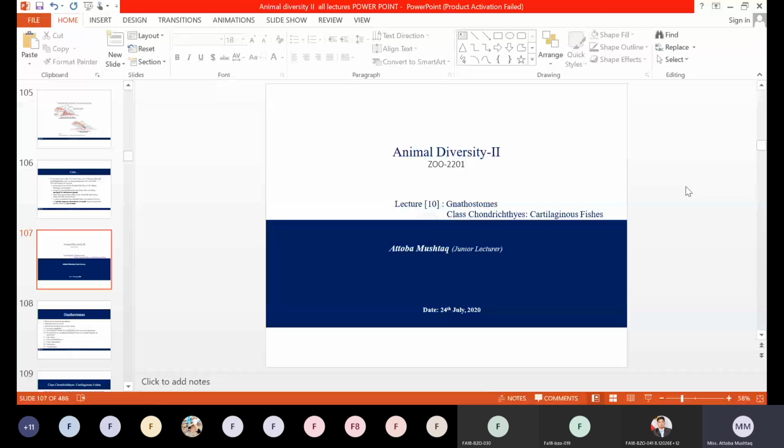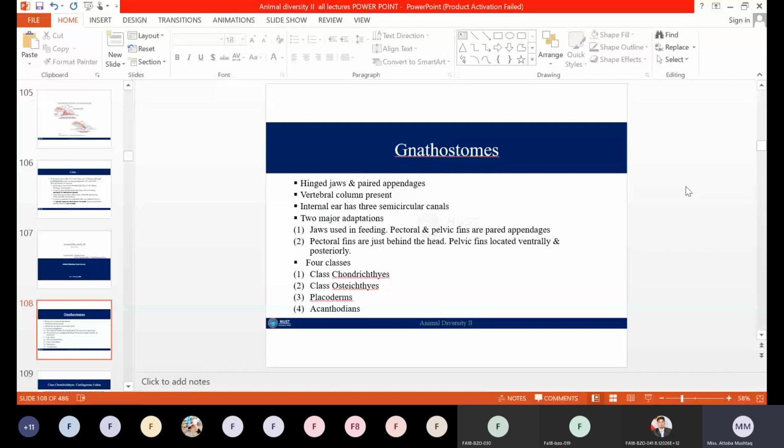What are gnathostomes? Their general characteristics include that they have hinged jaws and paired appendages. Hinged jaws are those jaws that can easily be opened and closed, right? The second characteristic of gnathostomes is that their notochord is replaced by a vertebral column, or in simple words, a vertebral column is present in gnathostomes.